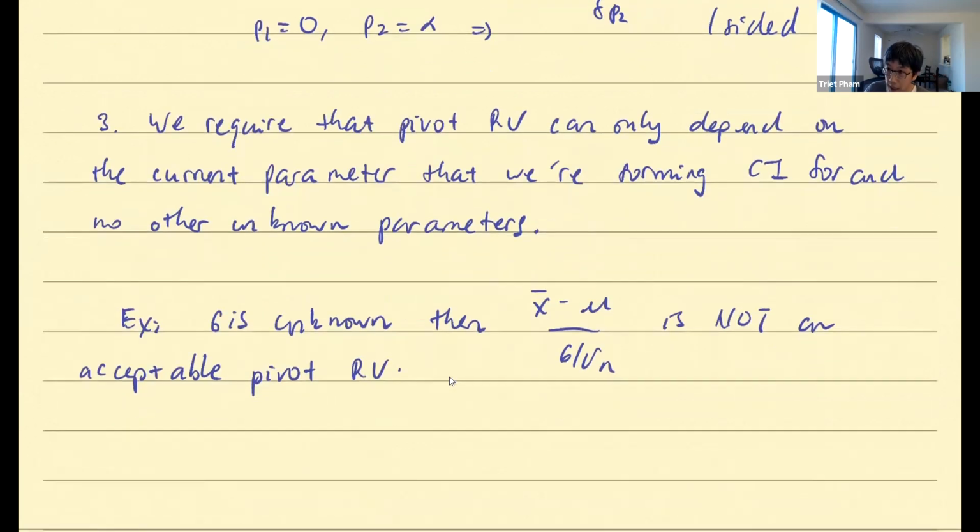So exactly, what do you do in this case? Because that is the case of most interest to us. If sigma is unknown, what do we do? Because that's the practical thing.